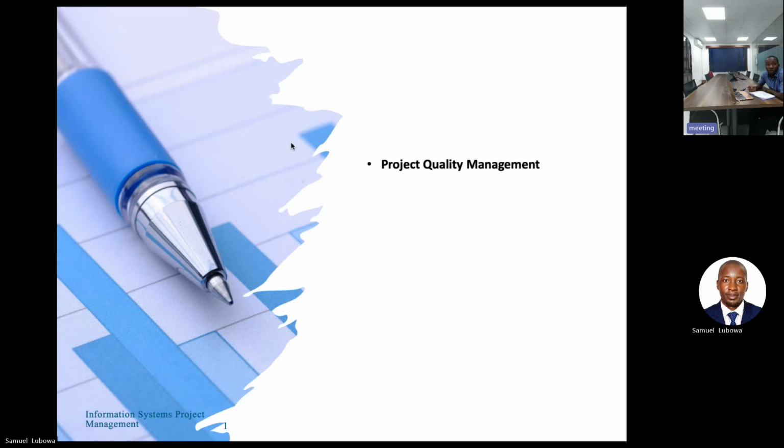As you know very well, we have the project management triangle, which involves the scope, the time, as well as the cost, meaning that those three variables are very, very important when it comes to managing any information system project.